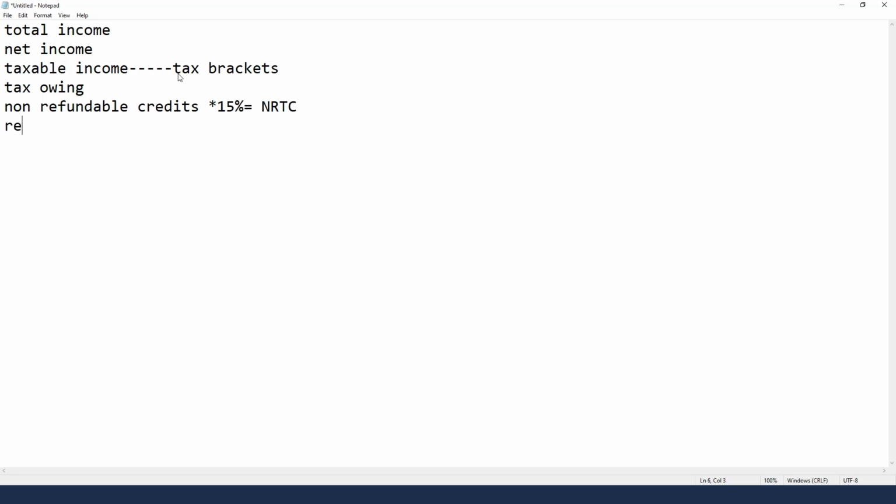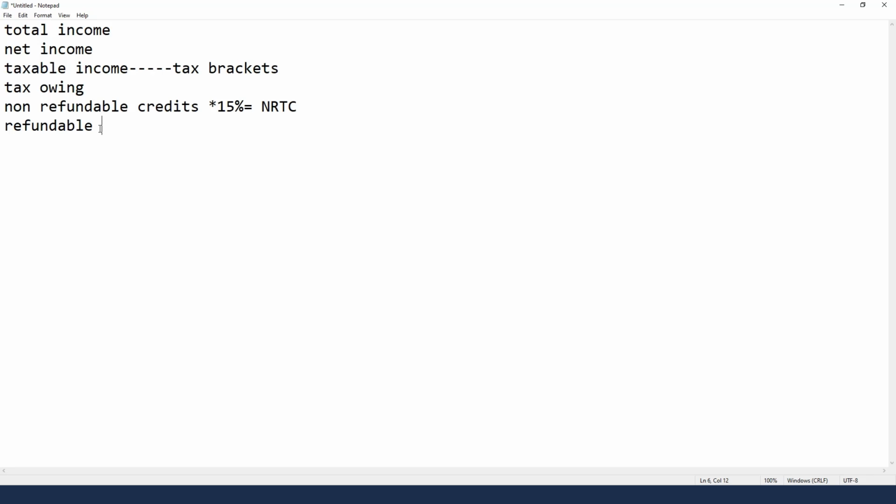And then you've got your refundable tax credits, which not everyone's going to be eligible for. There are some things that can give you a refund. But remember, the non-refundable tax credits lower your taxes owing. So you have to have a tax owing in order for your non-refundable to make a difference. Your refundables, you don't have to have a tax owing.